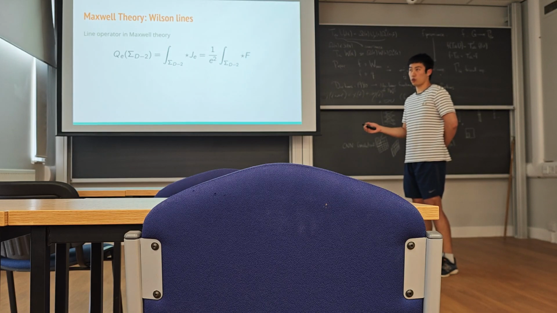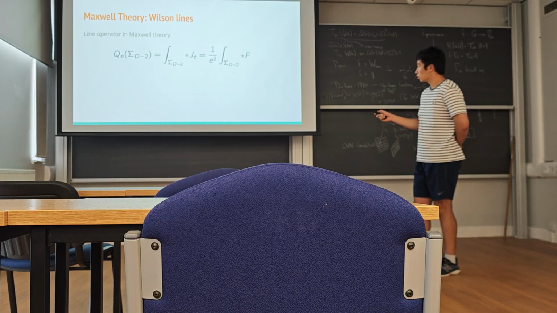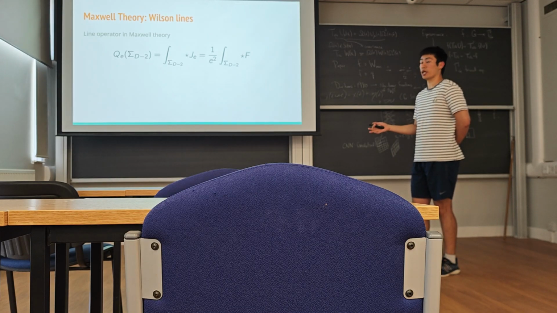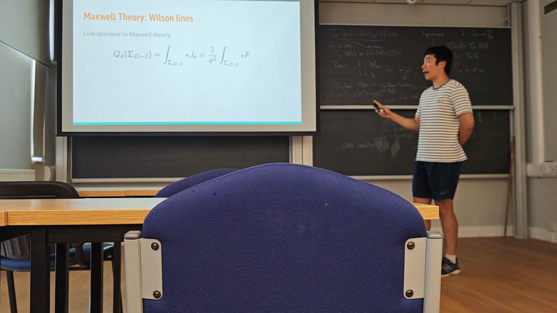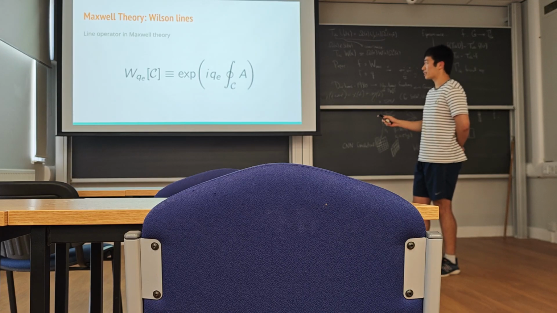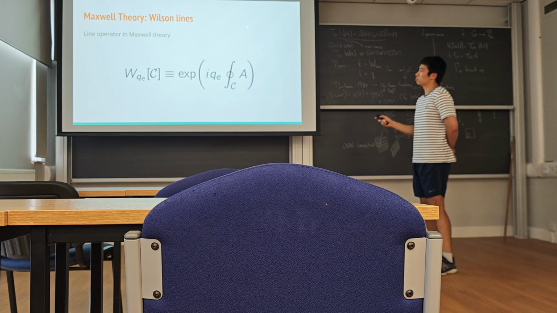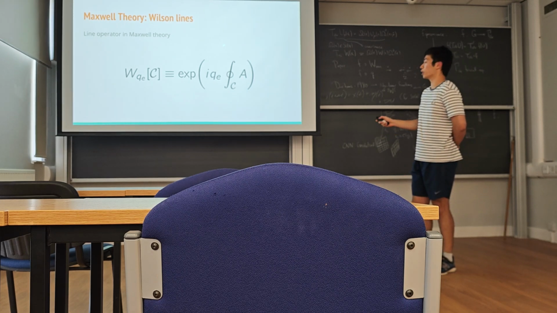So we look at the familiar one-form case first. If you remember, this F is a two-form, which is exactly like our J mu nu just now in the one-form case, and therefore it must act on a line operator. This line operator turns out to be the integral of the gauge field over some curve, and then we exponentiate that.